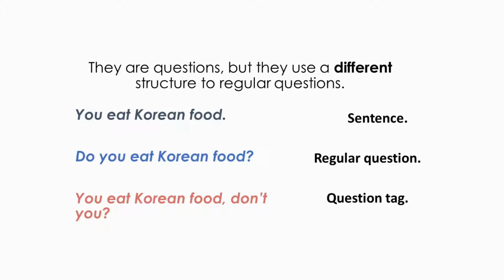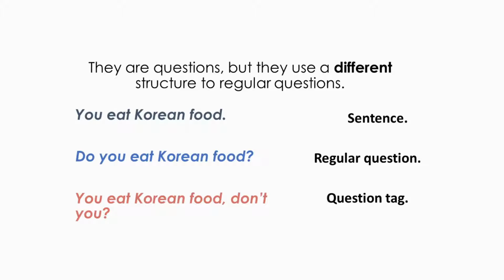Tag questions are questions, but they use a different structure to regular questions. Let's take a look at these three sentences. You eat Korean food. This is a normal sentence. Do you eat Korean food?